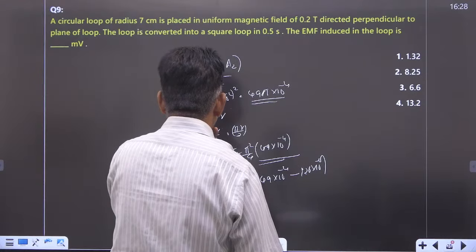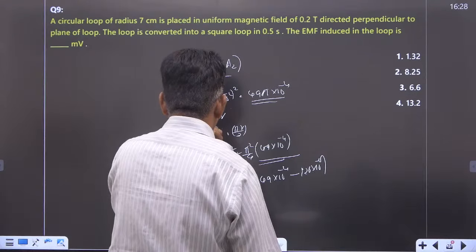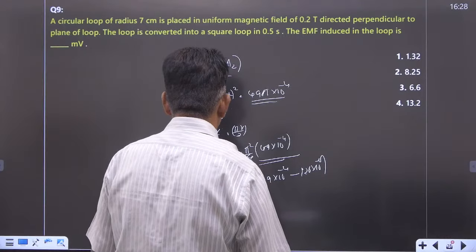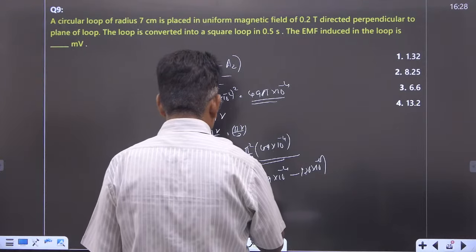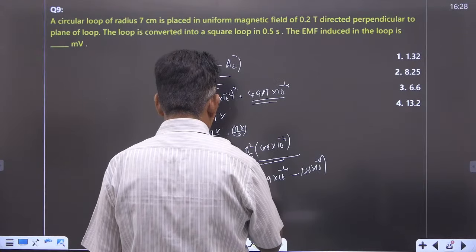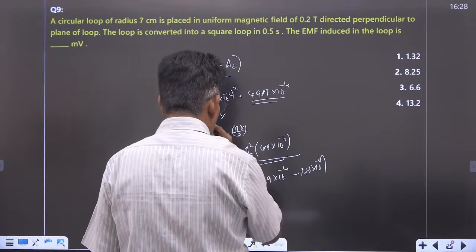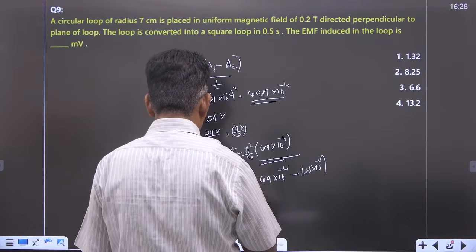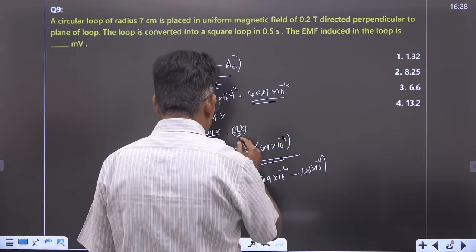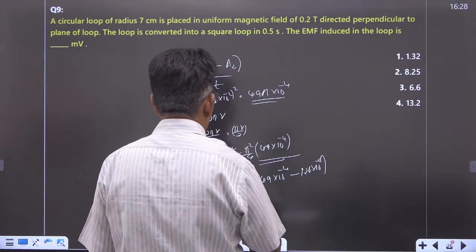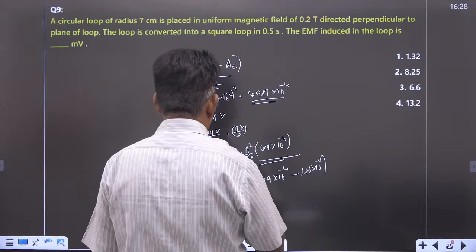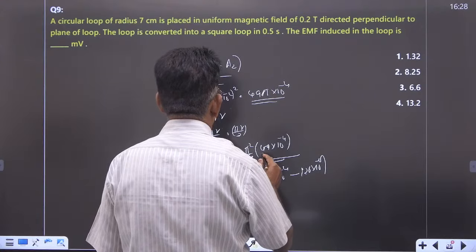And here it is pi by 2 r whole squared, pi squared by 4 times r squared. A is pi r by 2 into a squared.